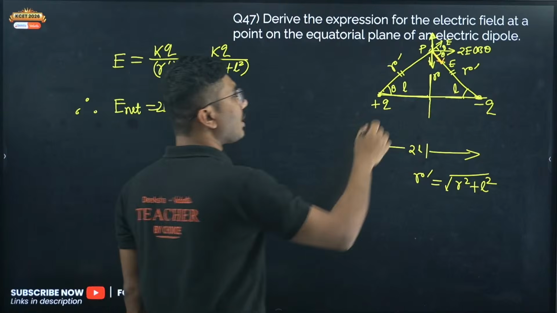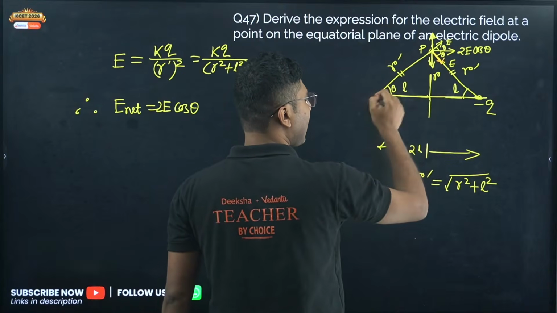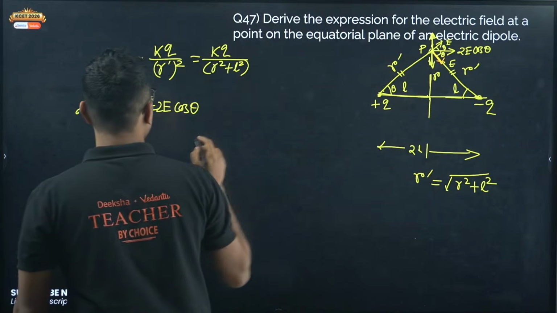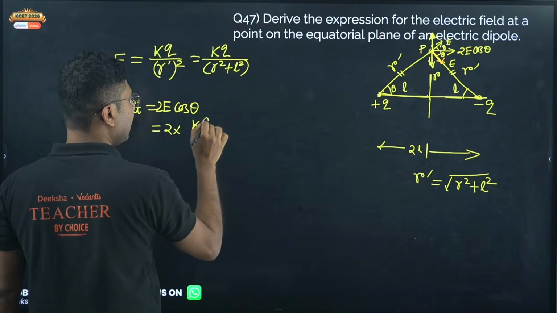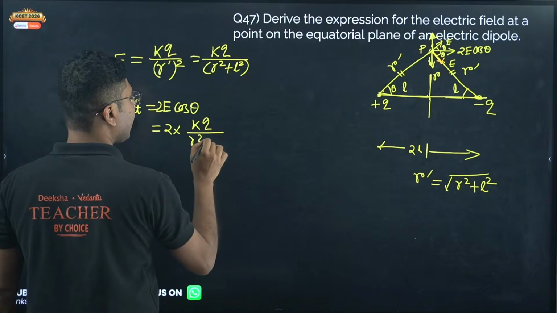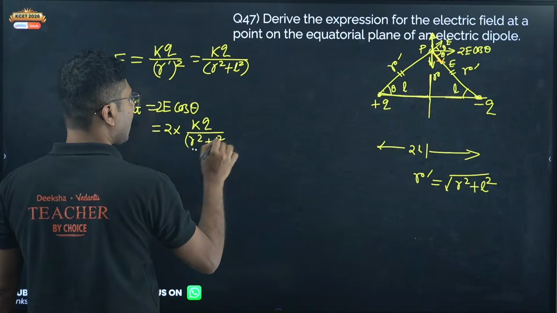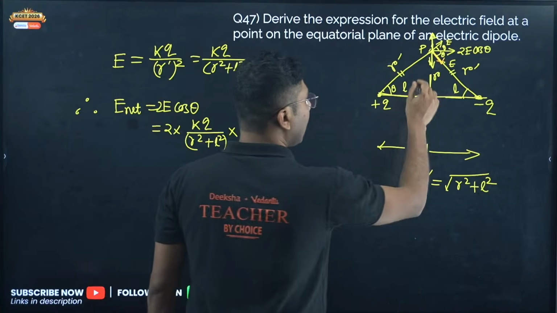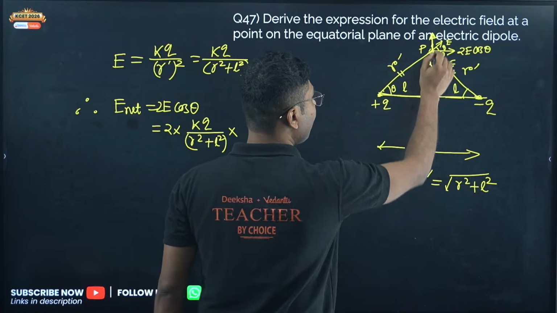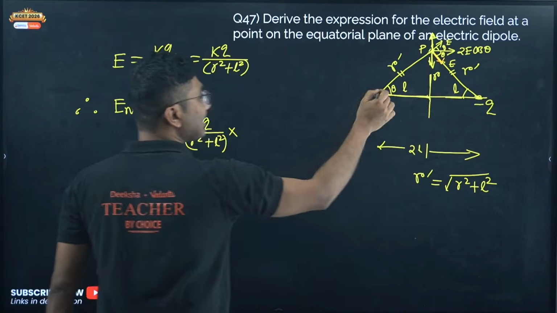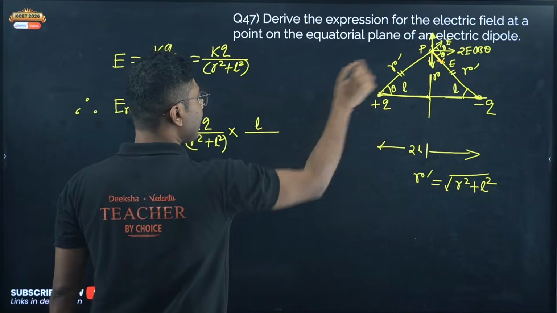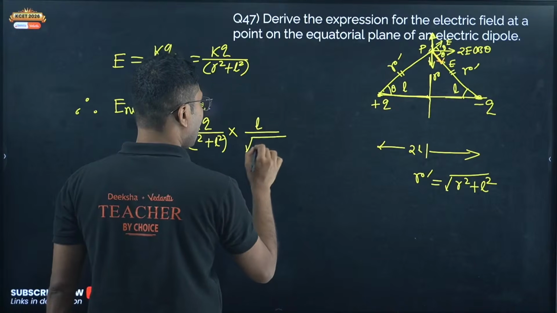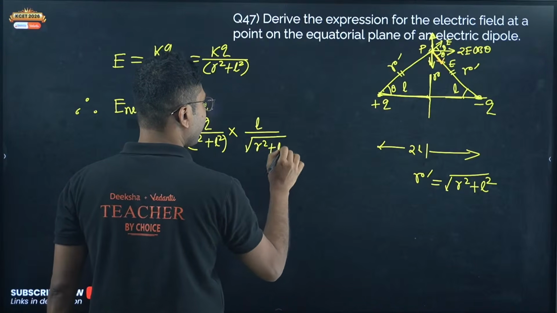Now you have to put the value of cos theta from this triangle. From the triangle, cos theta can be written as, obviously the E value we have calculated, kq by r square plus l square, and cos theta is base by hypotenuse. So base is l, hypotenuse r dash is nothing but the square root of r square plus l square.